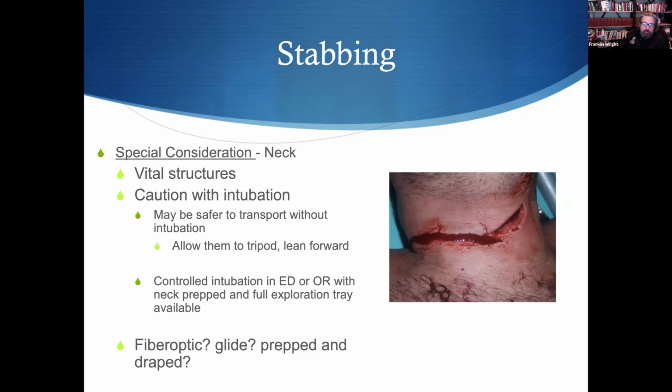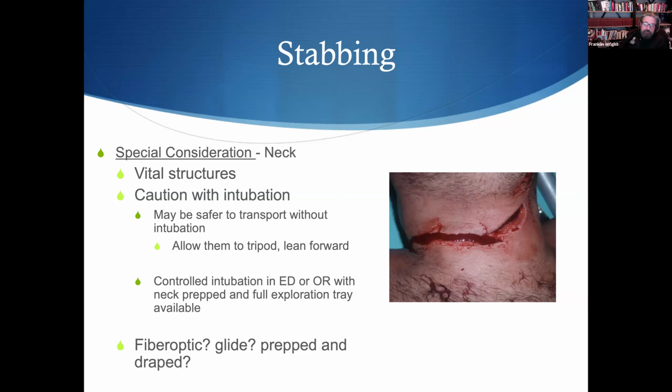So even once they've arrived into the emergency room, sometimes I'm talking down our colleagues from intubating in the trauma bay, saying, let's try to get this patient up to the OR. So if they have an isolated stab wound to the neck and air is bubbling out of their neck, if we want to intubate them, the first thing we're going to do is lay them flat.